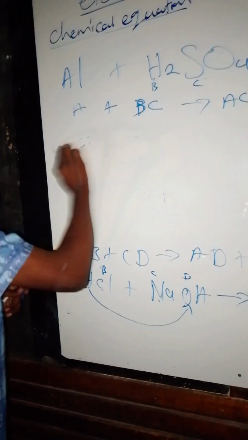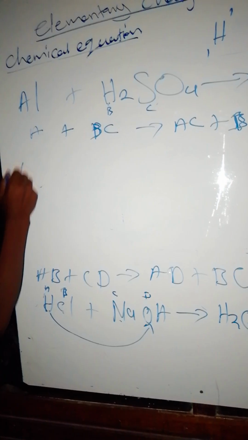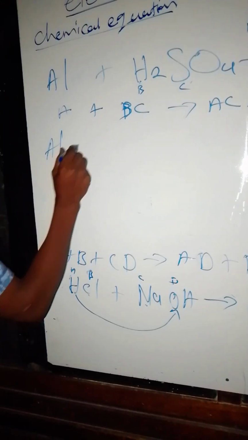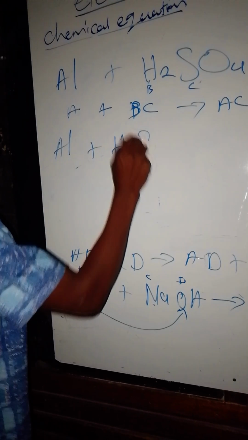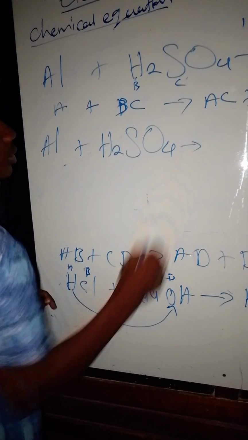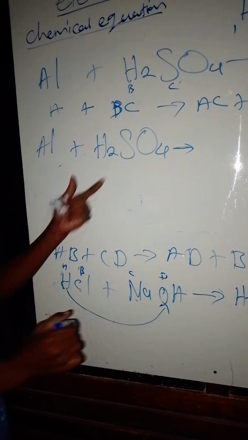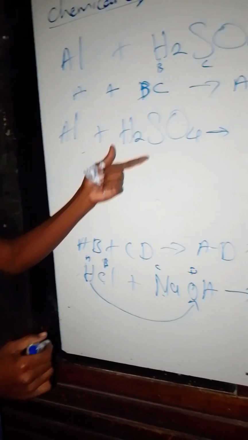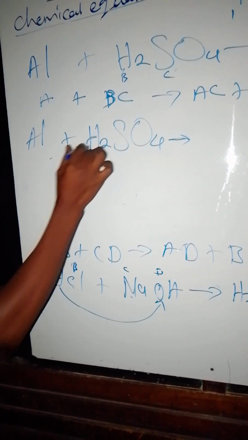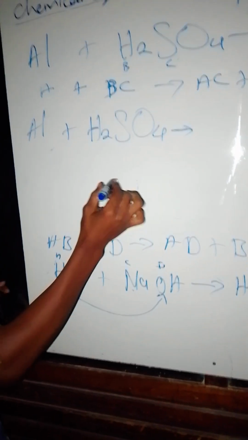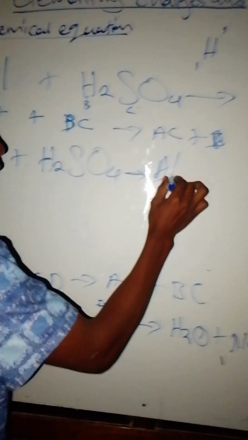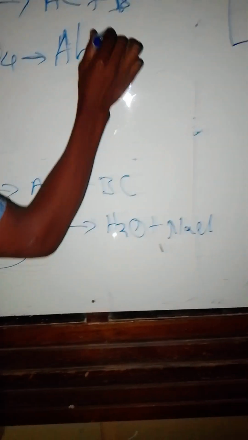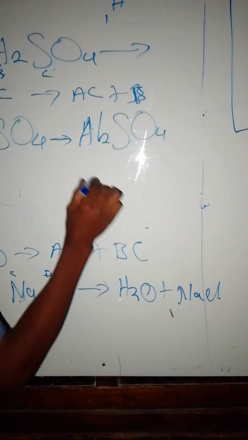As we have just written, our reactants are aluminium plus sulfuric acid. This compound can be called sulfuric acid, and at the same time it can be called hydrogen sulfate, depending on what they have specified. So we have a product like this: aluminium sulfate plus the hydrogen, which is alone.